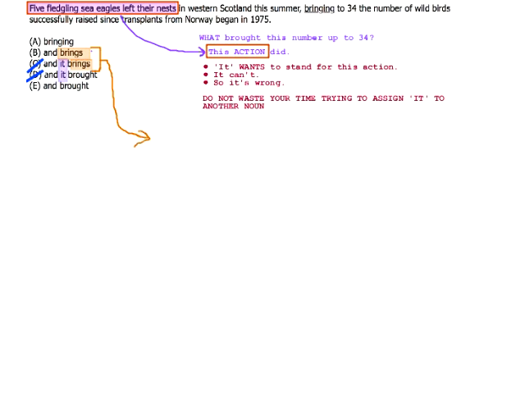Being in the present tense also doesn't make sense, because this is a historical fact that happened in the past. So there are two big issues, and you can consider either of those. First of all, this is a singular verb, and there's definitely no singular subject. If anything, you have those birds, but that's not eagles brings.